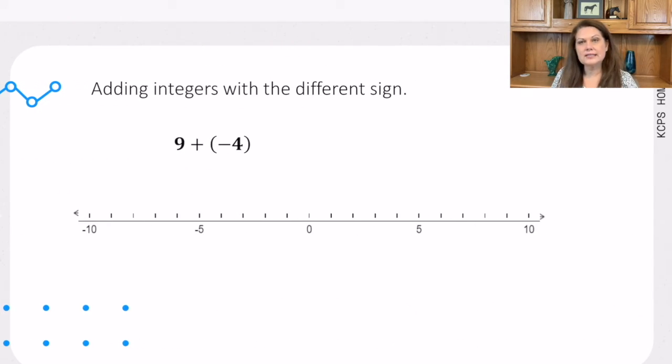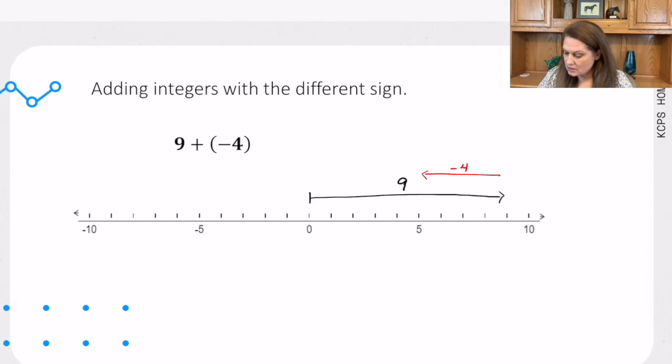Let's try one more example very quickly. 9 plus negative 4. Remember, we're going to go 9 spaces to the right. We're going to stop at 9. And then we're going to go 4 spaces back to the left. And this is where we end up.